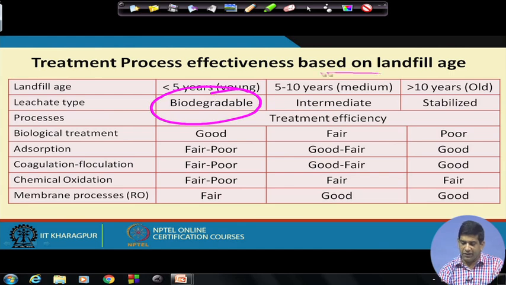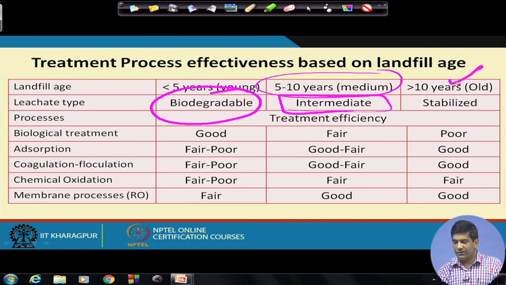If it's 5 to 10 years, it's called intermediate, again in terms of the biodegradable leachate type. And more than 10 years, it's a stabilized leachate, with less biodegradable organics.